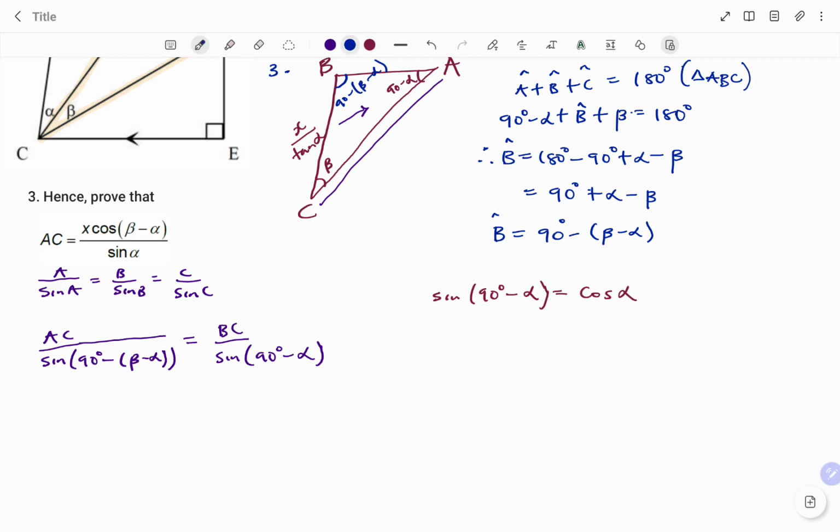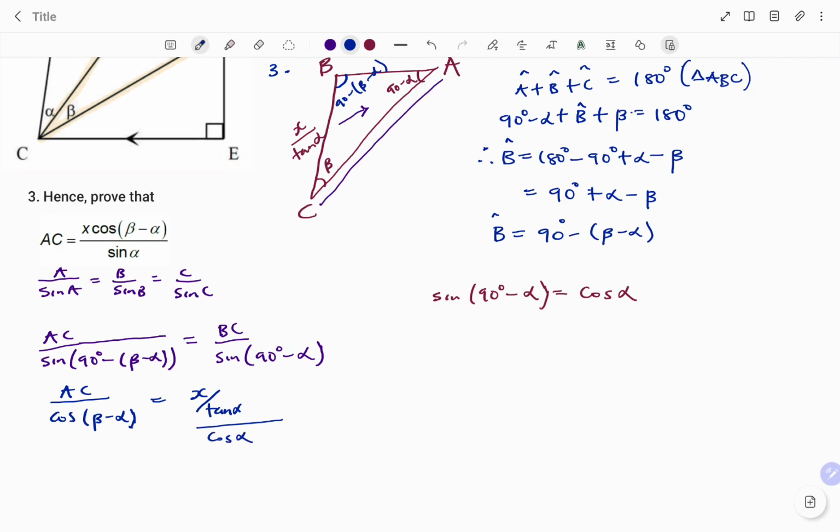So simplifying, I have AC over, that's going to change to cos, so cos of (beta minus alpha), equals my BC. BC in this case is my x divided by tan alpha, all divided by sine of 90 minus alpha, that's the same as cos alpha.